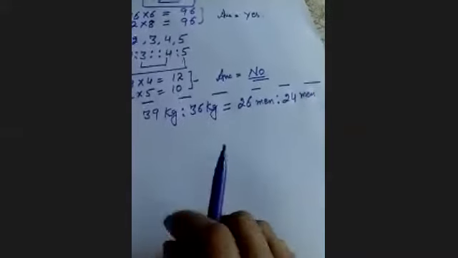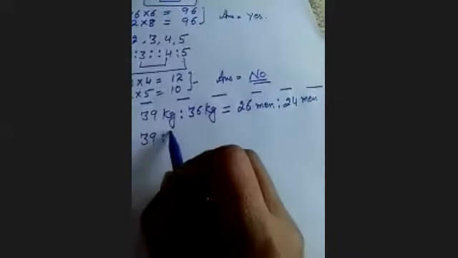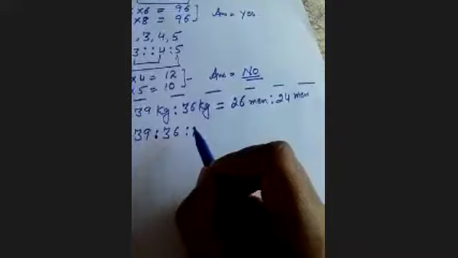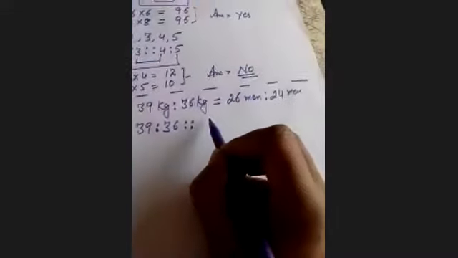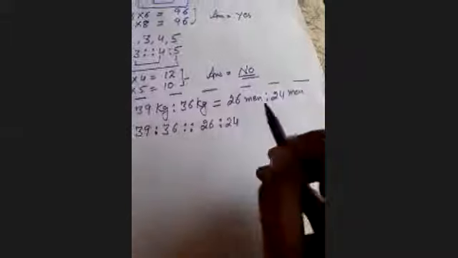First, write these numbers in proportion. 39 ratio 36, proportion 26 ratio 24.